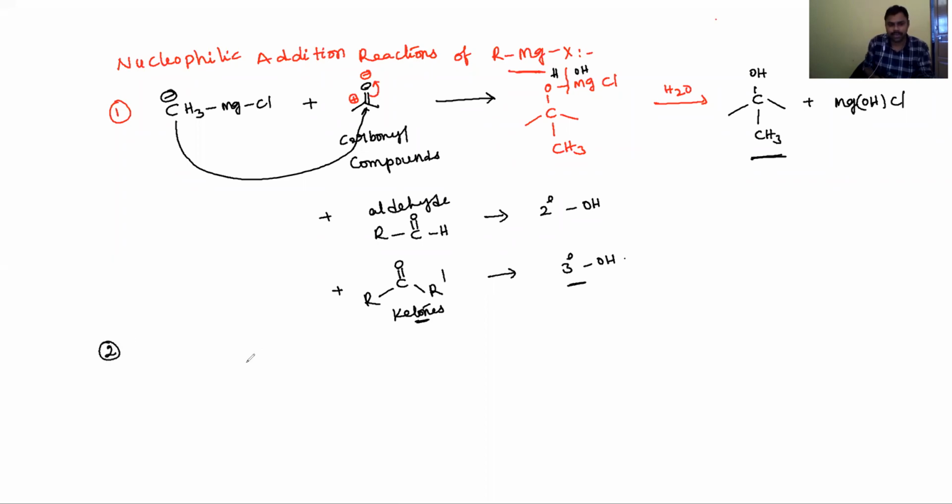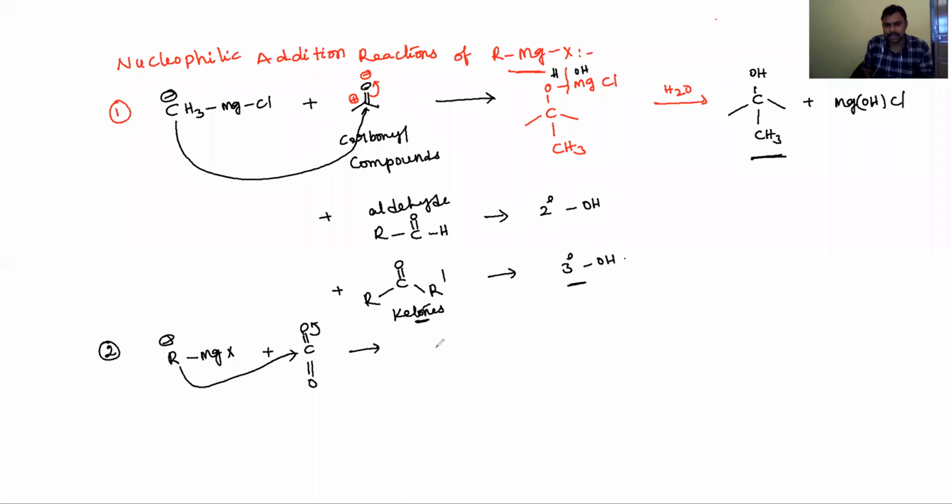Let's see the second important nucleophilic reaction: the Grignard reagent reaction with carbon dioxide. The Grignard reagent RMgX, taking R as the CH3 group, means methyl magnesium halide, reacts with carbon dioxide, O=C=O. The nucleophile is added at the carbonyl carbon.